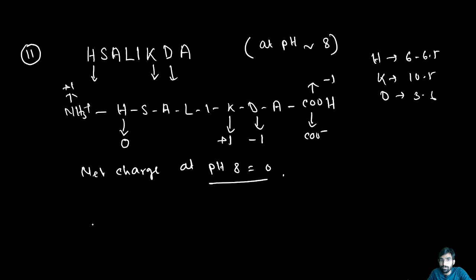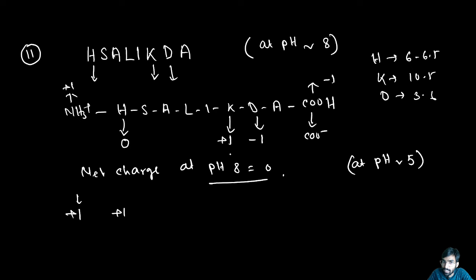Similarly, if I tell you at pH 5, then what you have to do? Suppose NH3, this will be +1. Histidine, right now it has not released the proton, so you have to write +1. Serine, alanine, and leucine, and all these things are non-polar and uncharged.